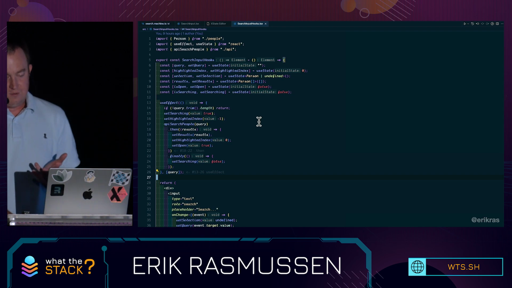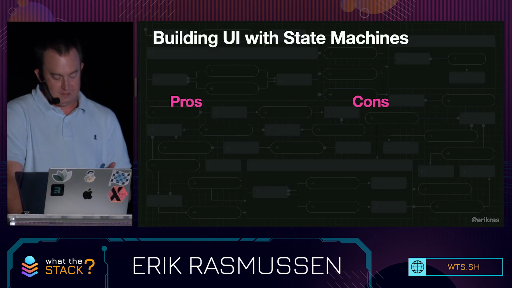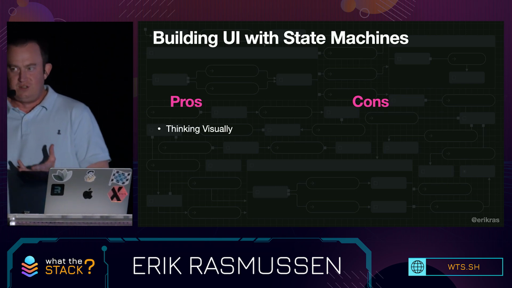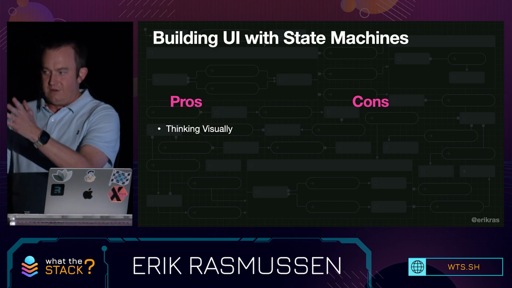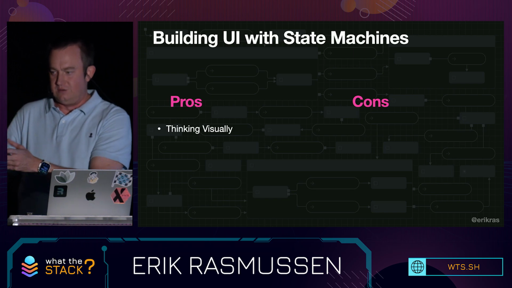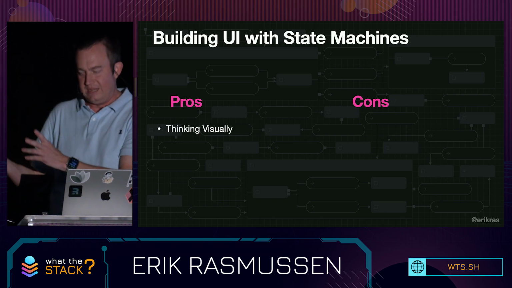So I'd like to go over some of the pros and cons of building UI with state machines. On the pro column, it lets you think visually. It lets you sort of draw out on a whiteboard how your component or page or whatever part of your app should look and how it should behave.